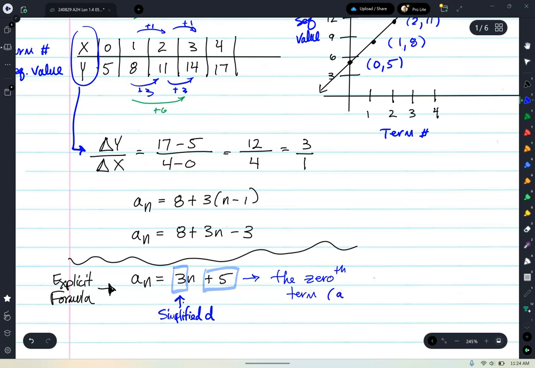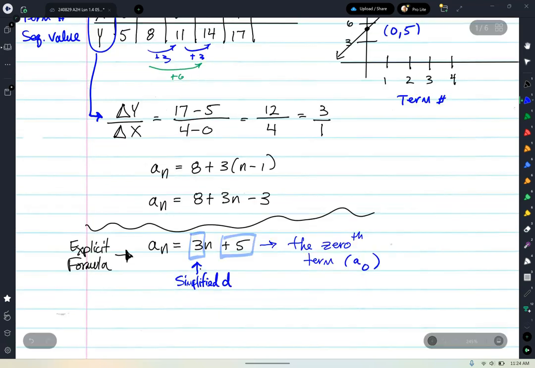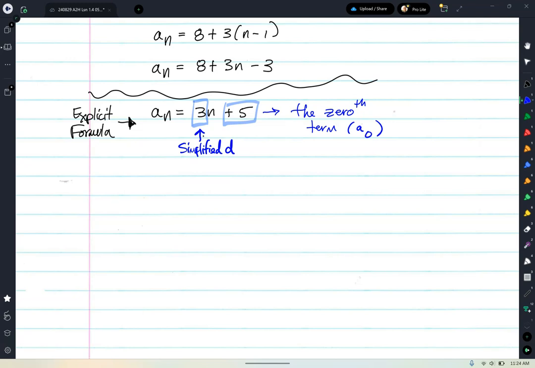I like that. I'm going to put what you said there, a sub 0, right? That's the 0th term is what we're talking about. Well, hopefully you're starting to piece this together. Shocking, huh? Yeah, that is the slope formula.